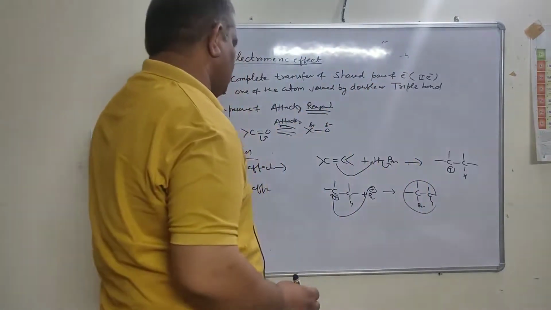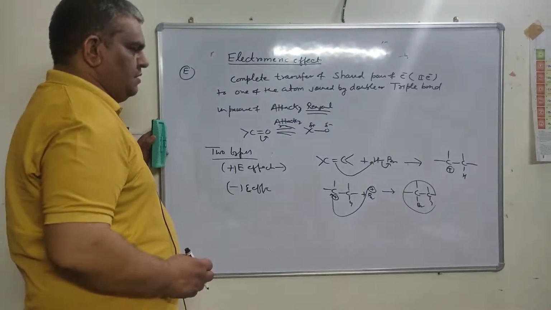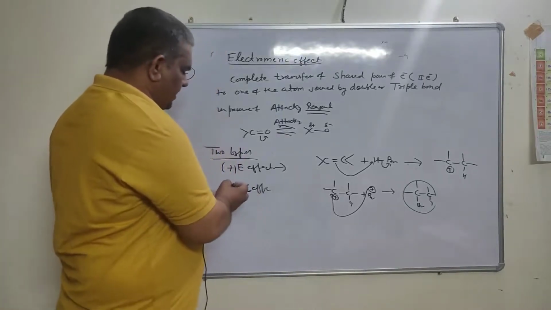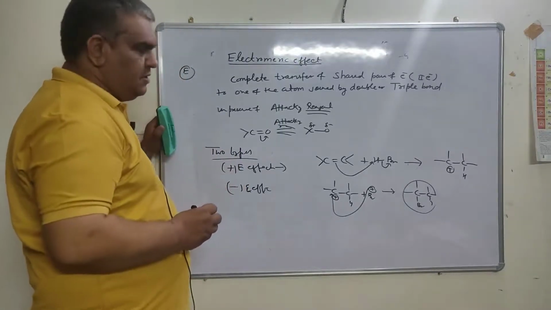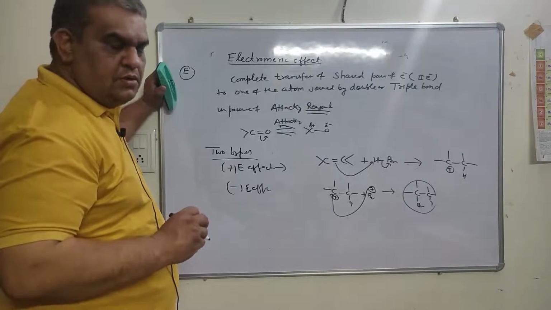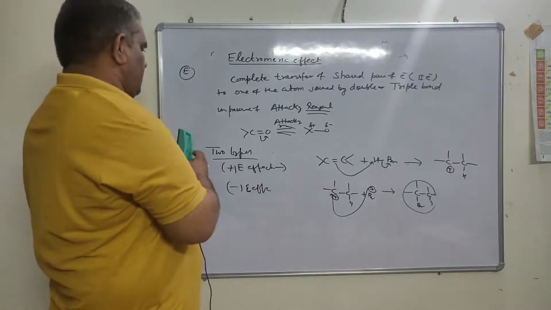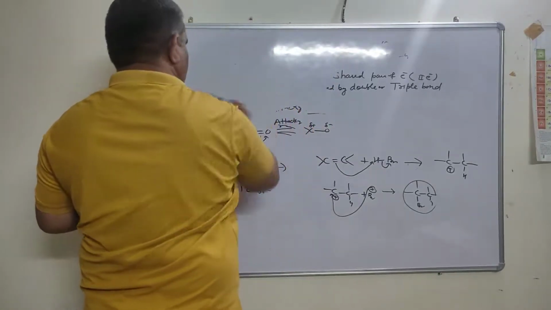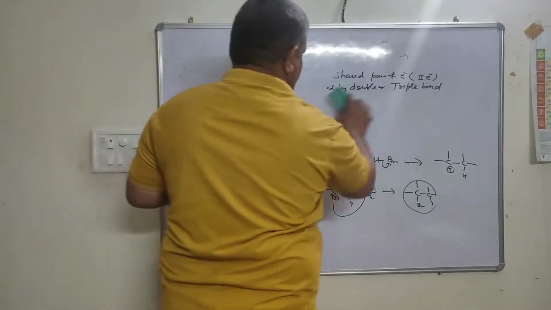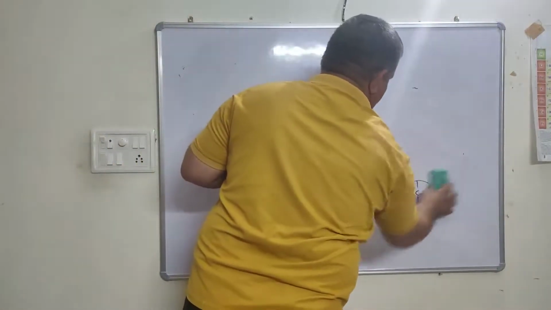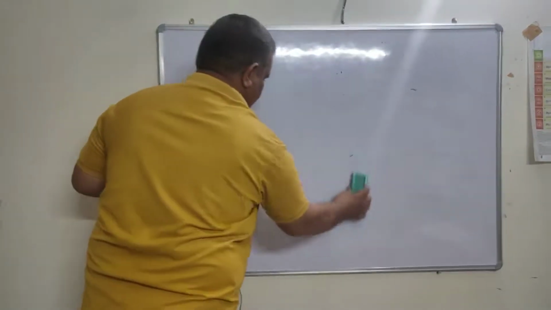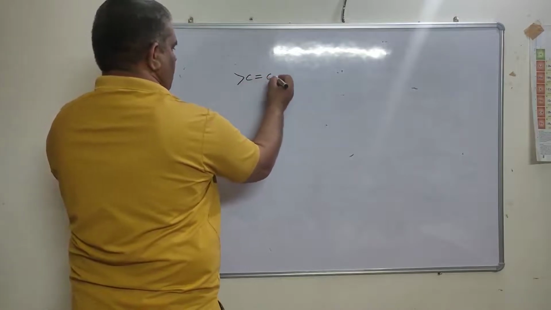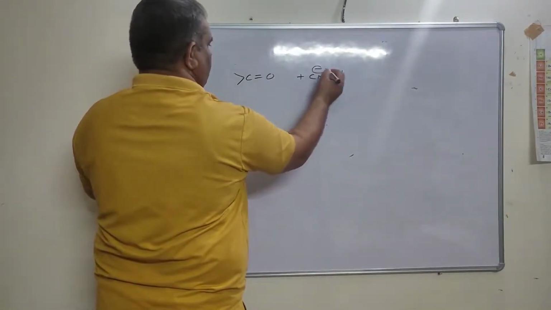And the plus E effect occurs when the electrophile attacks the multiple bonds, and the minus E effect is when the pi electrons are transferred away from the atom of the multiple bond to which the attacking reagent is attached. For example, this is the carbonyl group, and this is cyanide, the attacking reagent.